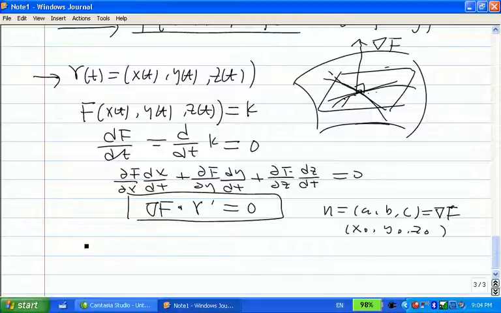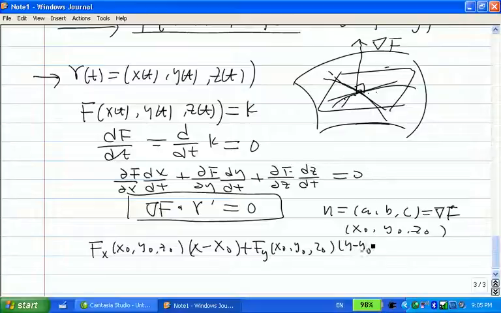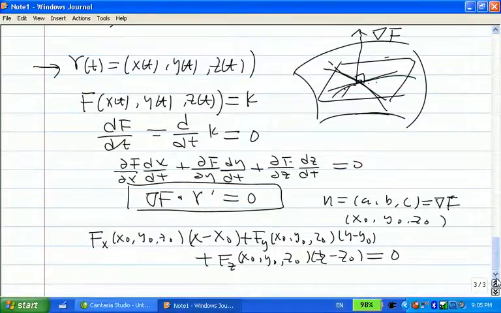Then your tangent plane can be written as: A is partial f with respect to x at this point, so A times (x minus x0), plus the partial derivative with respect to y evaluated at this point times (y minus y0), plus the partial of F with respect to z evaluated at this point times (z minus z0), equal to 0. That gives you the equation of the tangent plane.